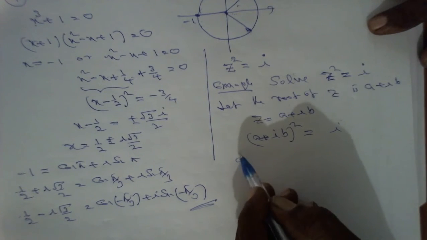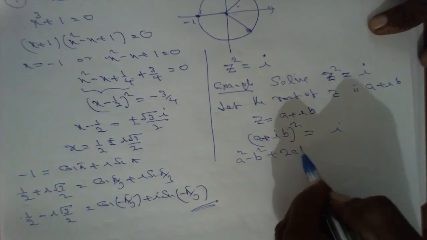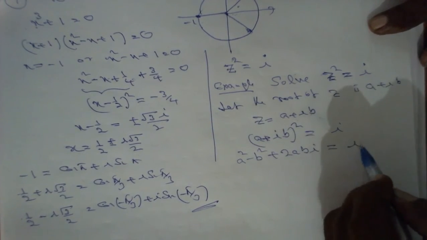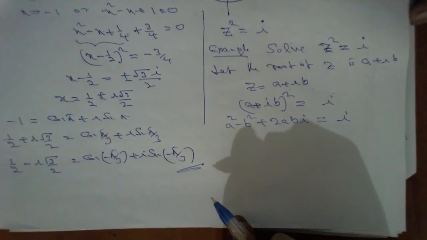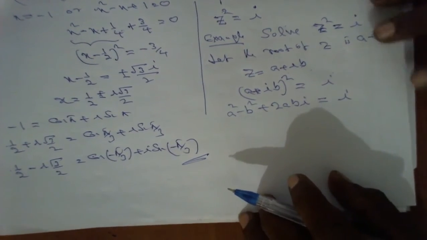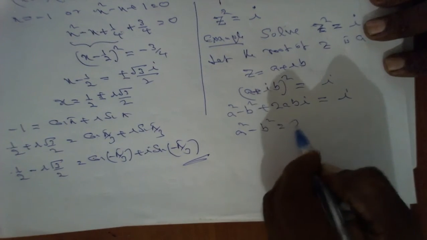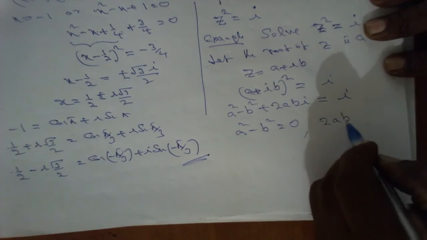Then this equals a squared minus b squared plus 2abi equals i. Now equating real and imaginary parts separately, a squared minus b squared equals 0, and 2ab equals 1.